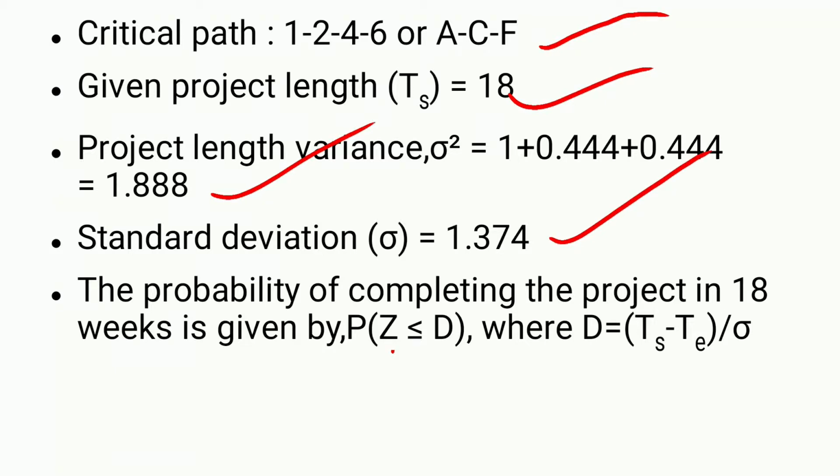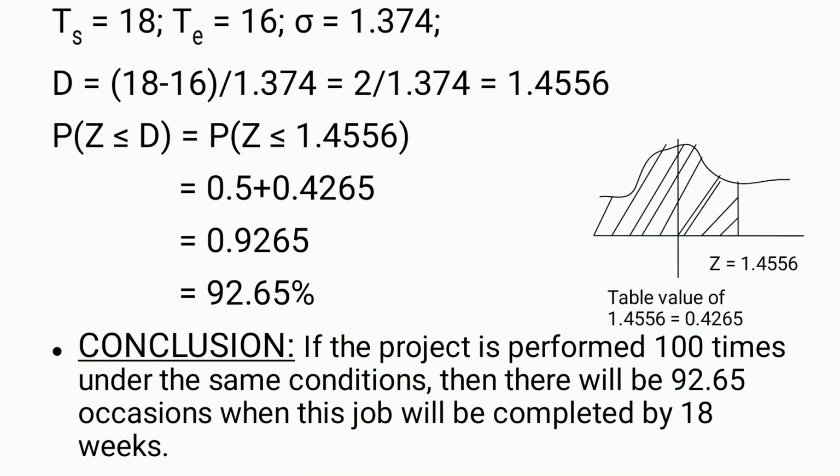Now, the probability of completing the project in 18 weeks is given by P of Z less than or equal to D, where D is equal to TS minus TE by sigma, which means due date minus expected date by standard deviation. Now see, here TS is 18, TE is 16.